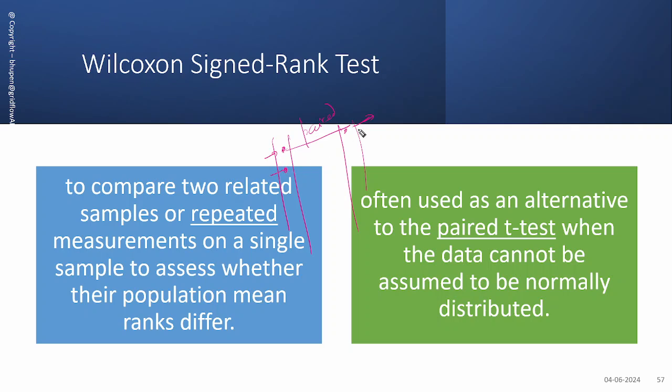Another patient before the test and the same patient after the test. That's the paired data. In such a case, we cannot use the Mann-Whitney, but we have to use another non-parametric test called the Wilcoxon signed rank test. There are similarities, but there are some differences as well. So let's see what those differences are and where the similarities are.